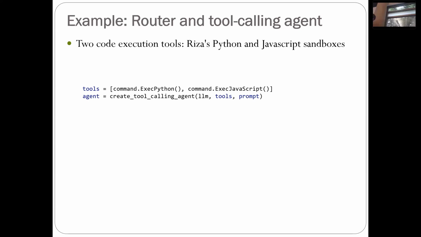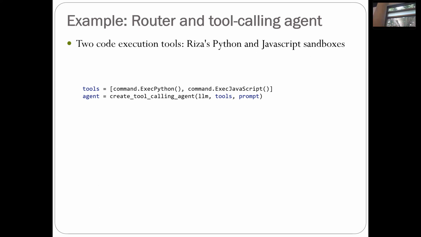The idea is the same for Riza. I got some unknown code my agent wants to know about, and I better not use the Python REPL or the JavaScript engine on my agent to execute it, because it might just rm -rf me. So in this example, you say, I'm going to allow the agent two tools, execute Python and execute JavaScript, and create the tool calling agent that is allowed to invoke both.